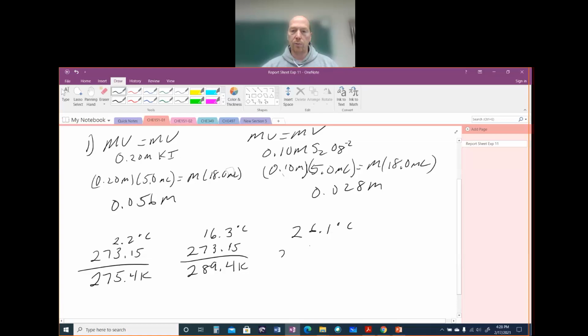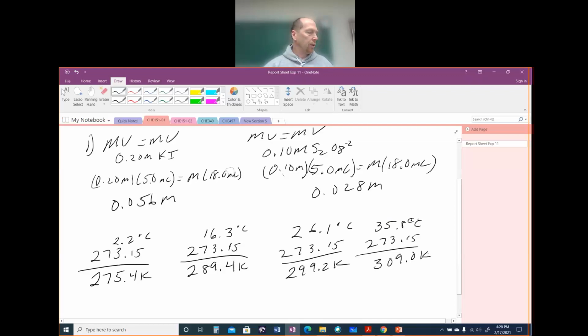Add 273.15, and you get 299.2. And then the last temperature was 35.8. You add your 273.15, round to the even number, you get 309.0 Kelvin. All right, so those are your 4 temperatures converted to Kelvin.